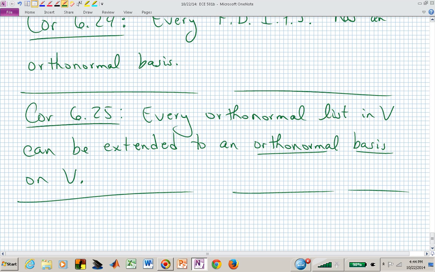You throw a vector in, number 7, and it's linearly independent. Okay, perform Gram-Schmidt, and now you've created E sub 7. You need some more. Throw another one in. Check if it's linearly independent. Now you can continue. Gram-Schmidt that. Now you have 8. You need 2 more. Just keep adding in a linearly independent direction, and then you can extend this original list to form an orthonormal basis. That's the idea.